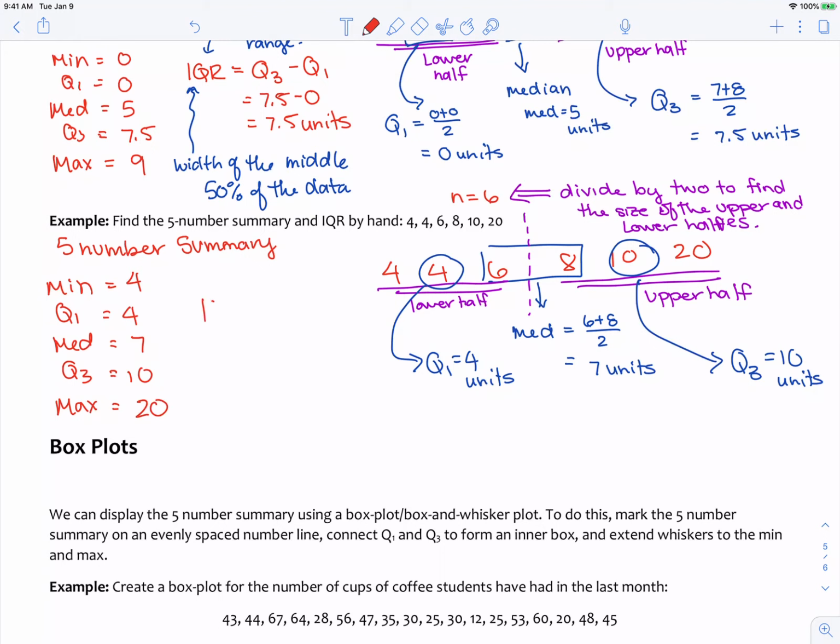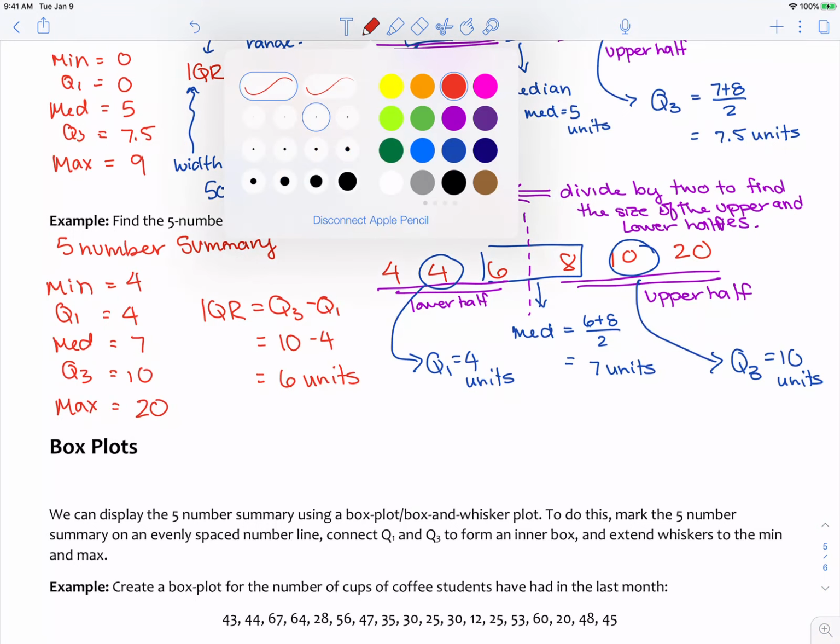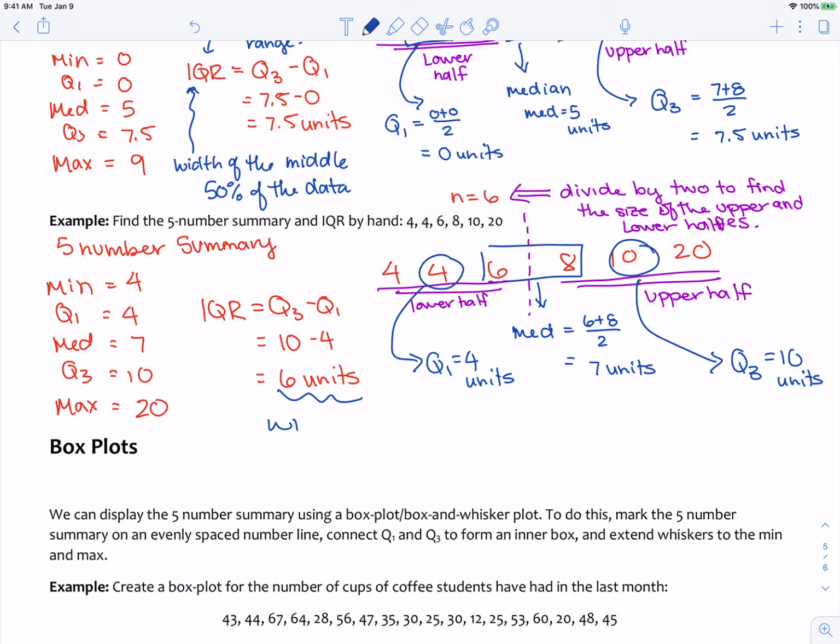And then our IQR, interquartile range, is Q3 minus Q1, which is going to be 10 minus 4, or 6 units. And again, that is the width of the middle 50% of data values. And those are ordered, of course, when we're talking that way.